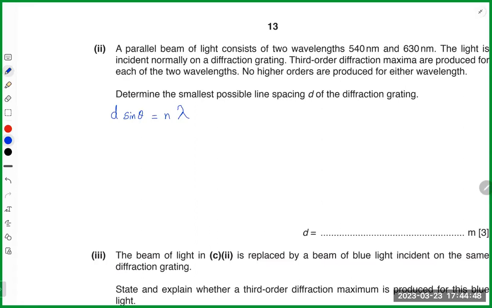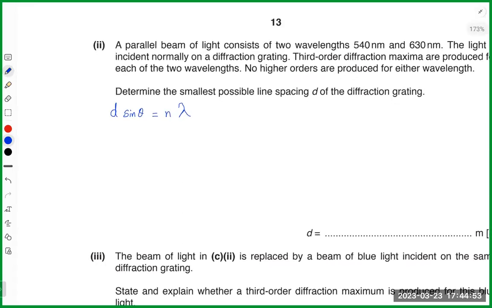So bigger wavelength will get to the 90-degree limit before the other. So bigger wavelength is 630. So use lambda equals 630 nanometer, or 6.30 into 10 to the power minus 7. Or for some people, it is not easy to shift, so you can also write it as 630 into 10 to the power minus 9. They're all good.